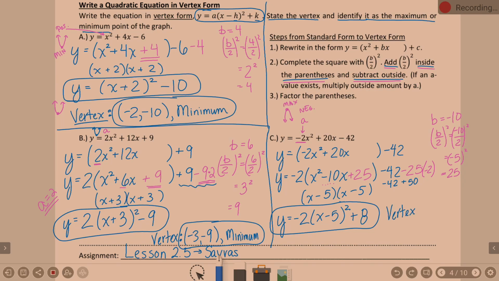Vertex. 5, 8. Remember, it's opposite sign of whatever's in the vertex. So that makes it positive 5, and then the plus 8. Is this vertex going to be a max or a min? Max. My parabola is upside down, which puts my vertex at the top, so it is a maximum.